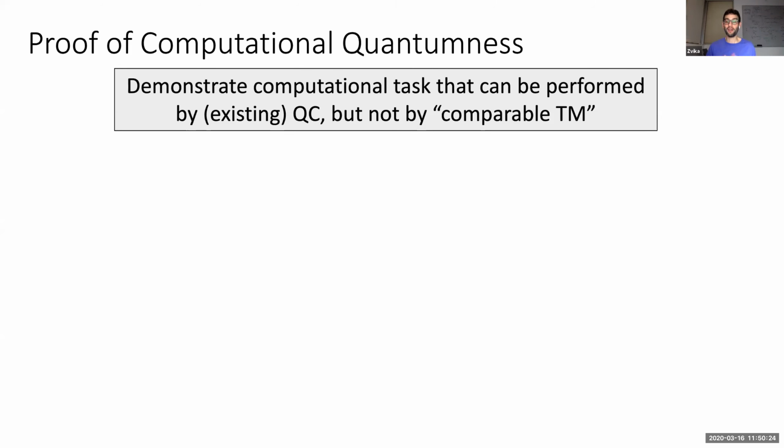Quantum computation is a physical process, and if it cannot be performed by a classical device, then this is evidence for refuting this extended Turing hypothesis.